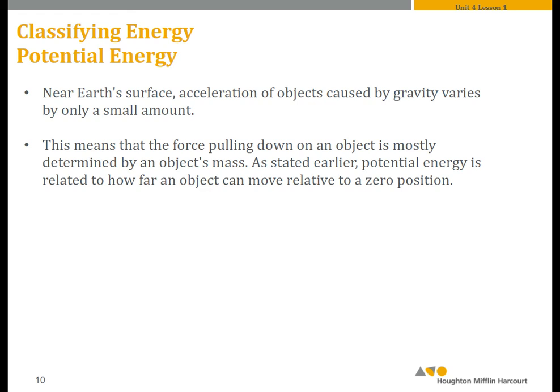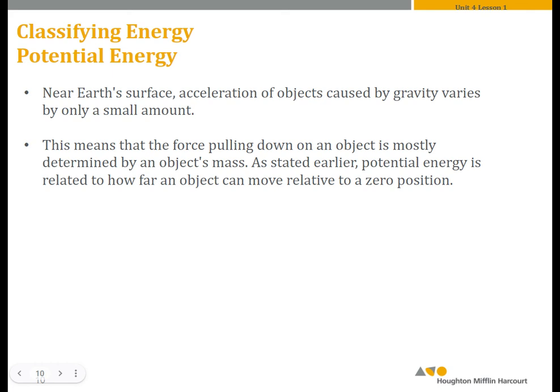I mean, the gravitational force changes with respect to the object's mass. So a change in height doesn't change the gravitational force significantly. So it's really only the mass of the object that changes the amount of potential energy.